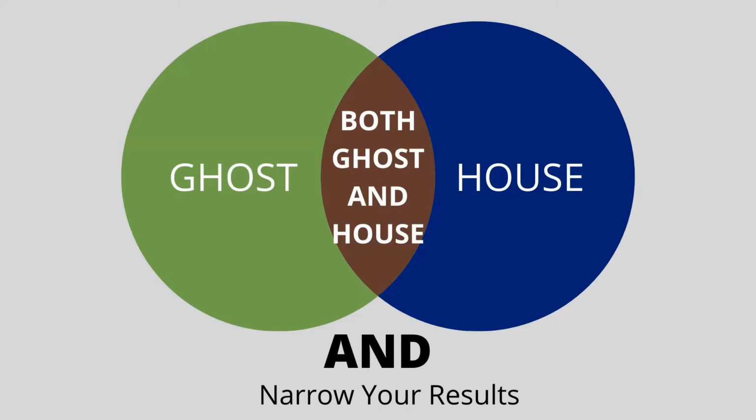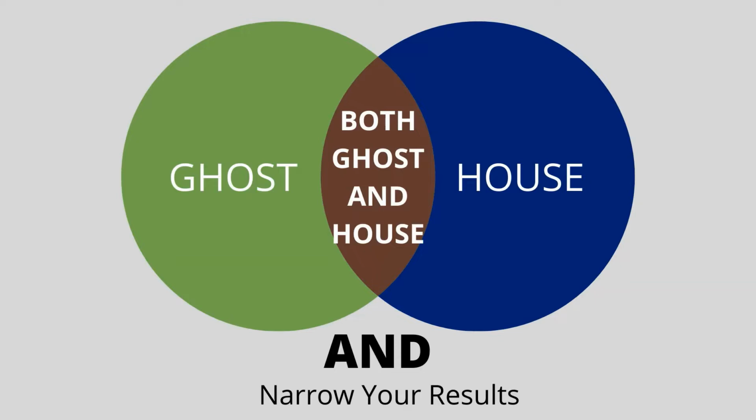For this example, we've done a very simple, very silly example. Say you're wanting to look for haunted houses. We see our diagram in front of us, and it is going to be used to narrow down your results. Everything to the left in the green represents what you would get if you just did a search for ghost in your database. If you just did a search for house, everything in blue would be what you get.